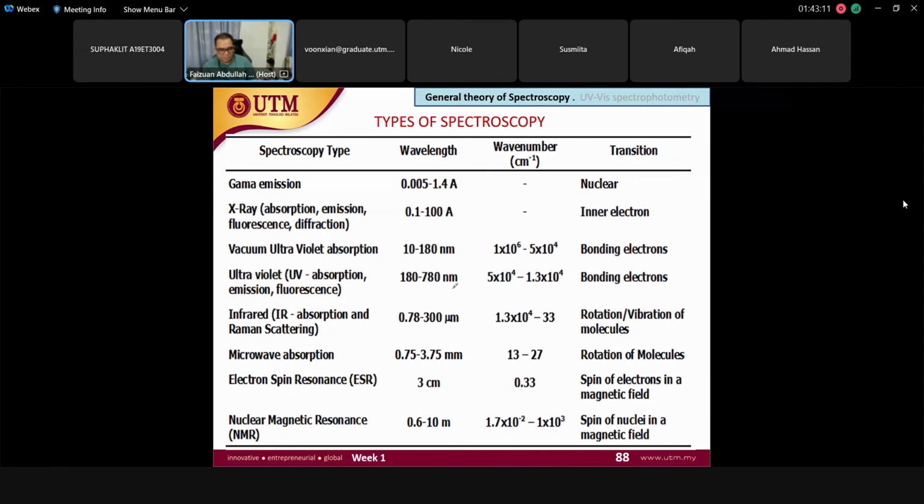And the spectroscopy techniques that we learn in this course normally involve the ultraviolet transition, and I think not vacuum ultraviolet absorption. We are only dealing with UV and also visible.